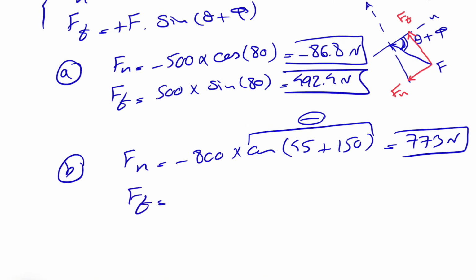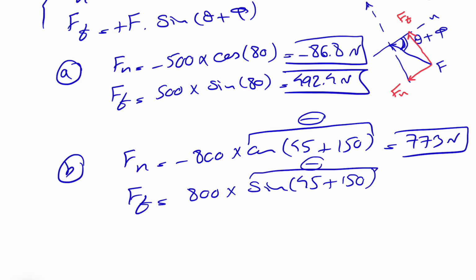And our Ft in here will be 800 times sine of 45 plus 150. Since it's the third quadrant, both sine and cosine are negative, so we'll have a negative number in here too, and we're going to get minus 207 newtons for this one. And that would be the final answer for this question.